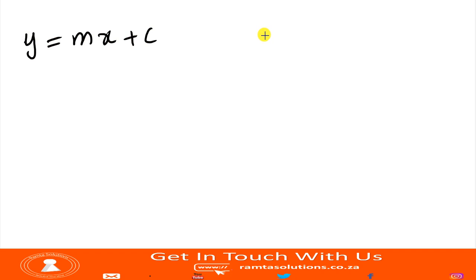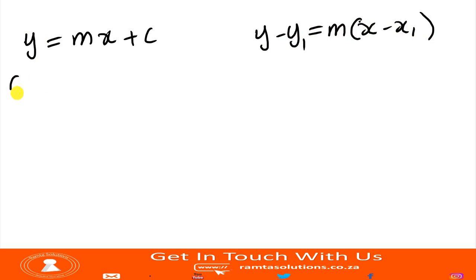And there's one that you are learning now in grade 11, which is y minus y sub 1 equals m, open bracket, x minus x sub 1, close bracket. The first one is the gradient-intercept form, and this one here is the gradient point form.